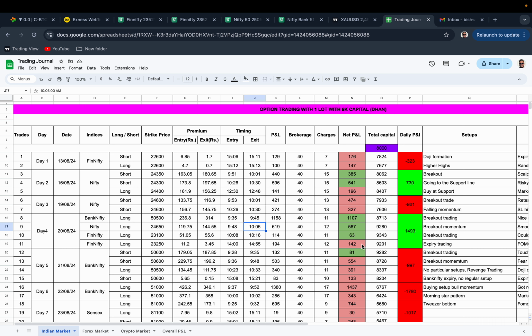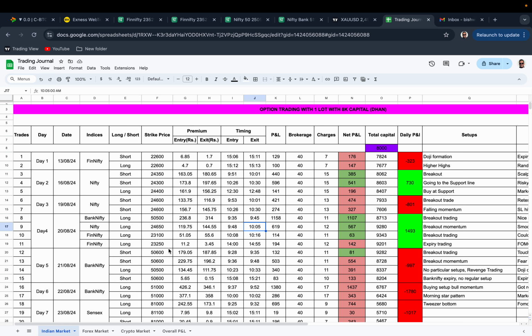That is 1 is to 1, that is the risk to reward ratio, it will be 1 is to 1 or 1 is to 1.5 for beginners. So that is why I took the trade. And it was Tuesday, so there was a Nifty expiry, for which I took a FOMO trade, and I took a profit of 63 rupees.